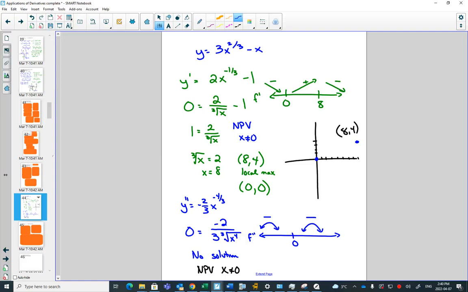And initially, with those 2 points and this first graph, you might think that the graph looks like this. What's the problem with that? It's concave up in this section. So it has to disappear.